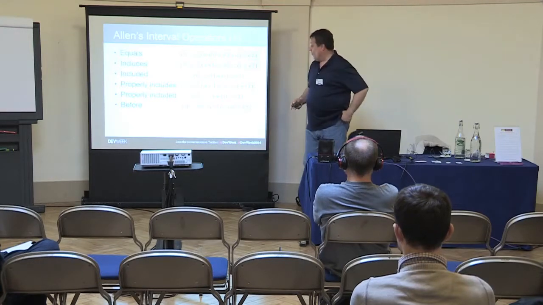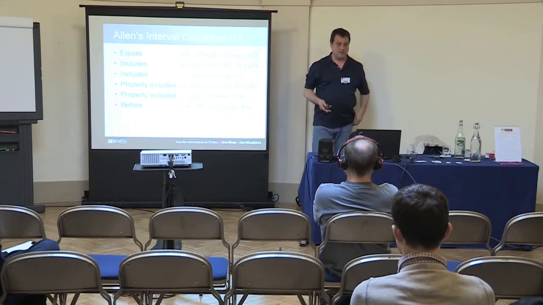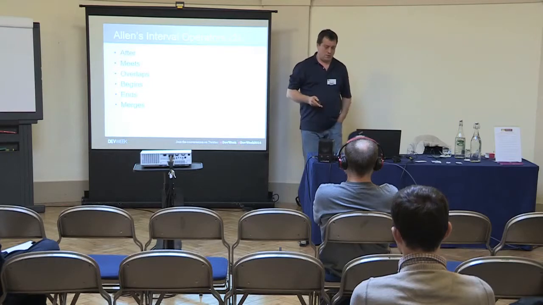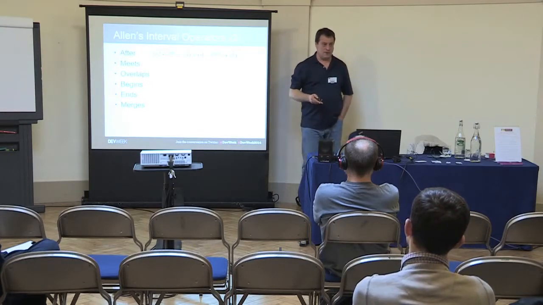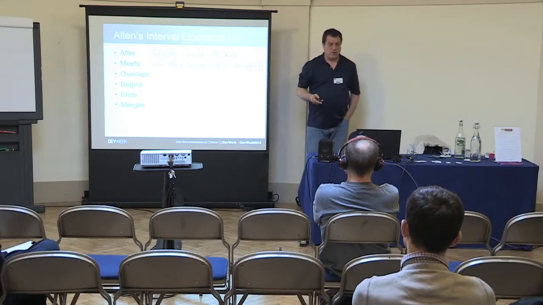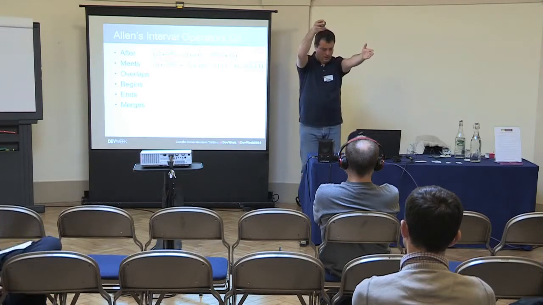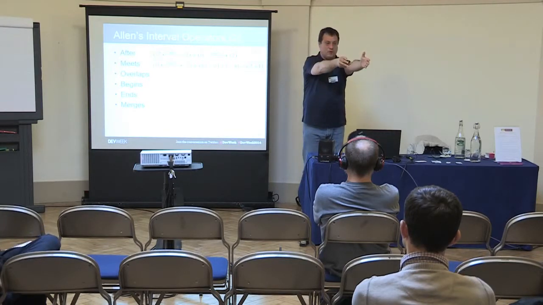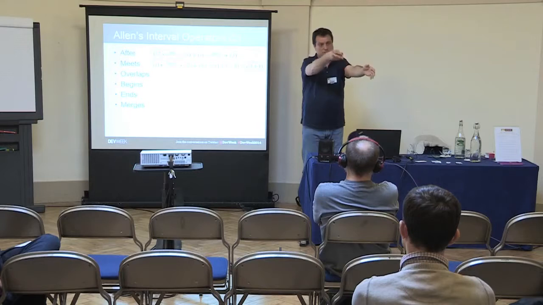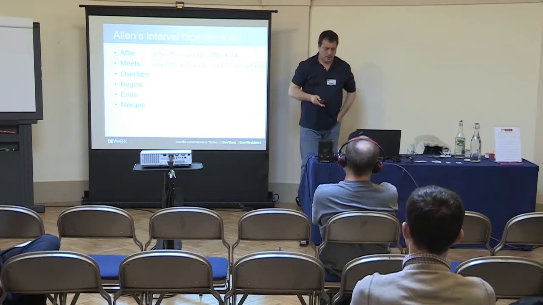We can define before. One interval is before another if it stops before another starts. And of course we can define the opposite operator after. Meets operator, two intervals meet if one ends just the time point before the other starts, or the opposite if the other ends just the time point before the first one starts.